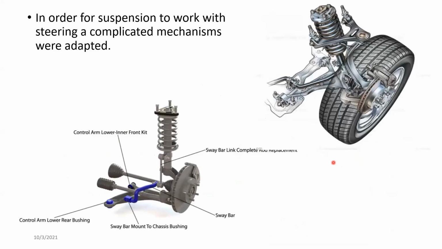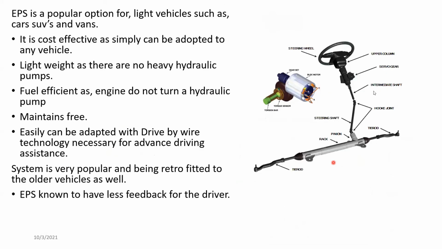If we come back, you can see over here there are universal joints or hook joints, right? One, two, three hook joints. Most of the time, this many hook joints are not necessary for this steering system, but anyway, they put a lot of hook joints.